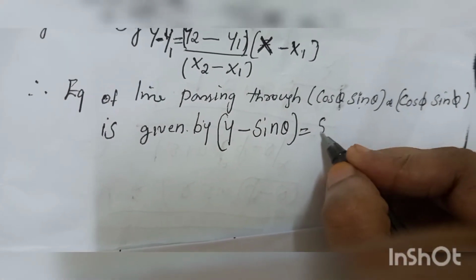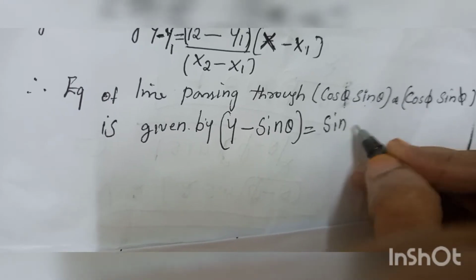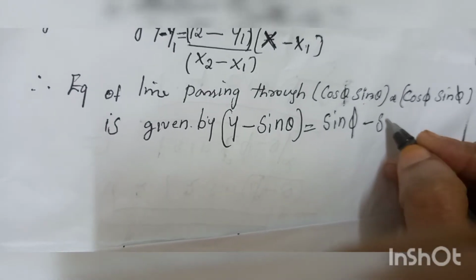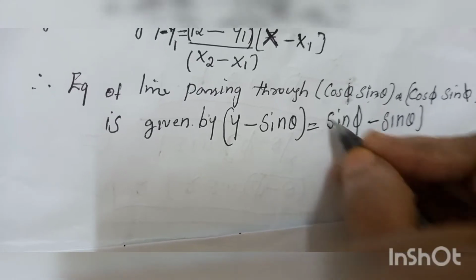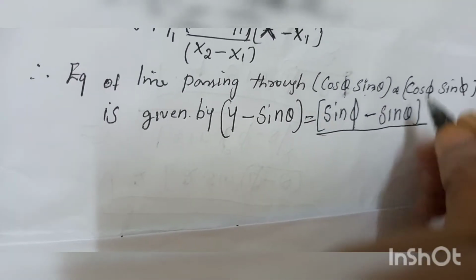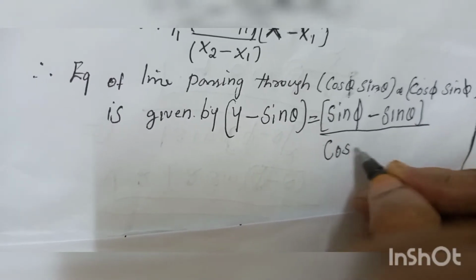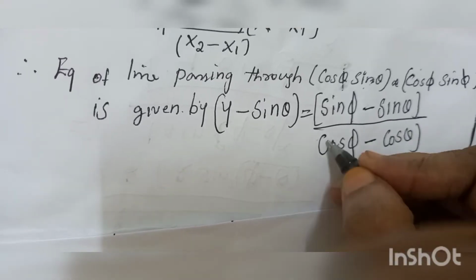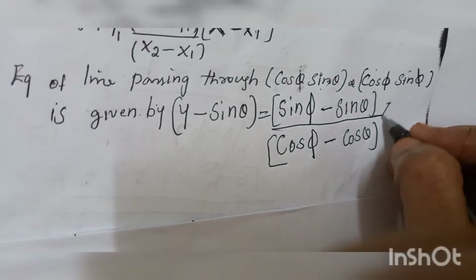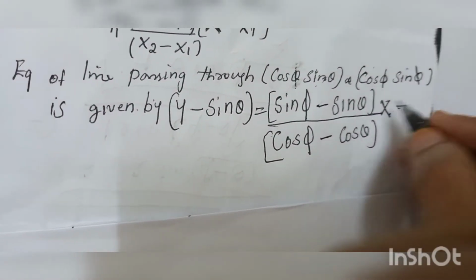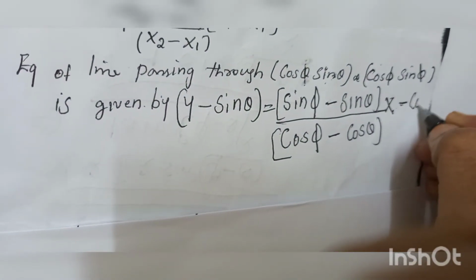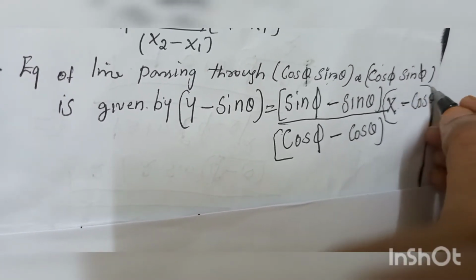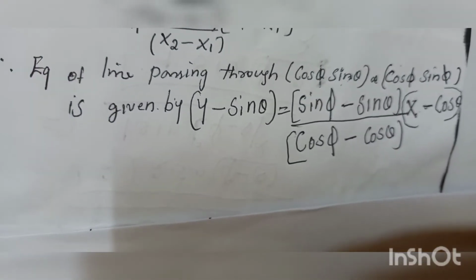Sin phi, minus y1, sin theta, divided by x2, cos phi, minus cos theta, into x minus x1, cos theta. Okay, cos theta we get, isn't it? Okay.